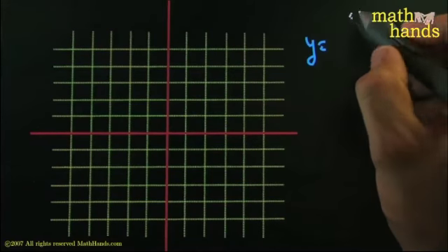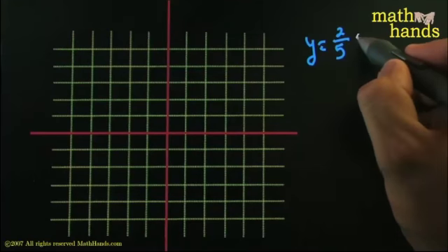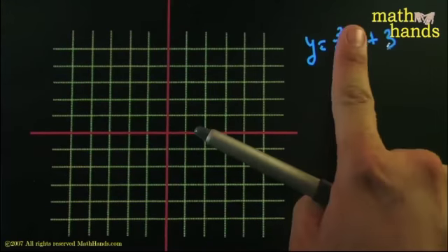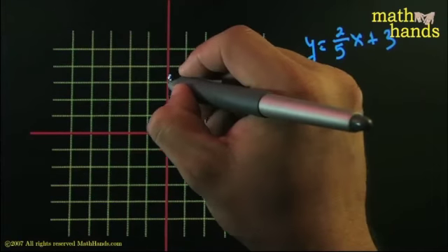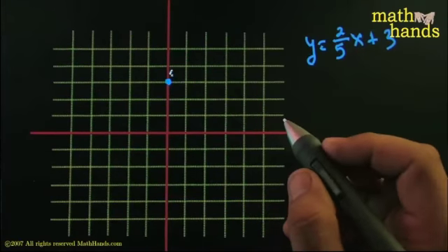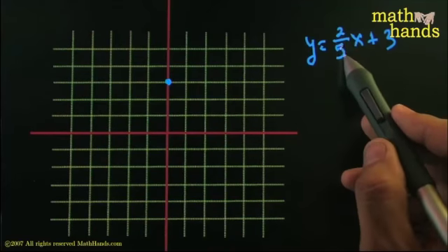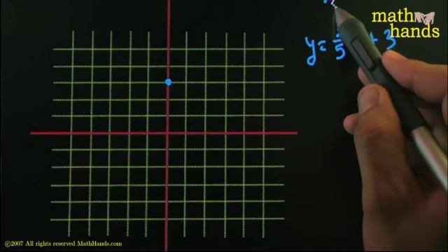Suppose you have y is equal to 2 over 5 x plus 3. First, if x is equal to 0, you know y is equal to 3. So therefore, it's got to go through exactly this point. The next thing you know is that if you rise 2, you have to run 5. This is the slope.